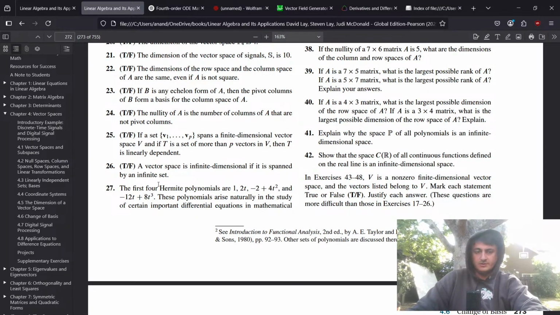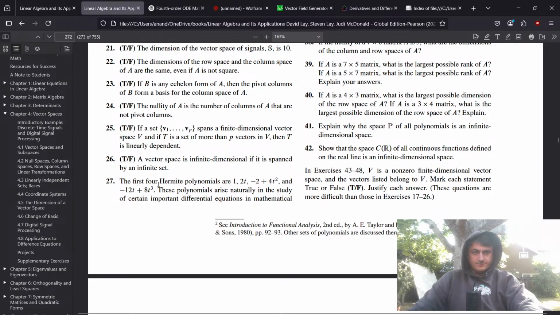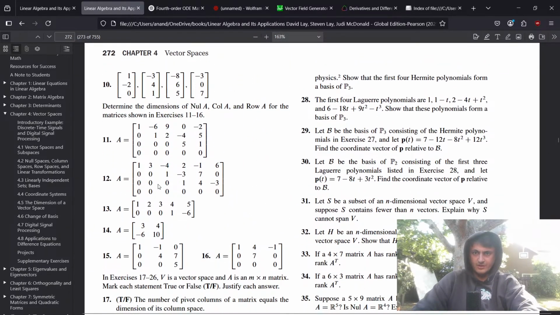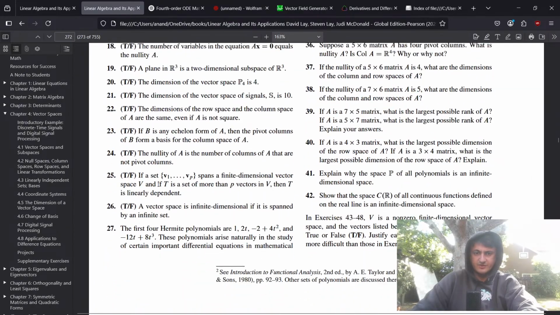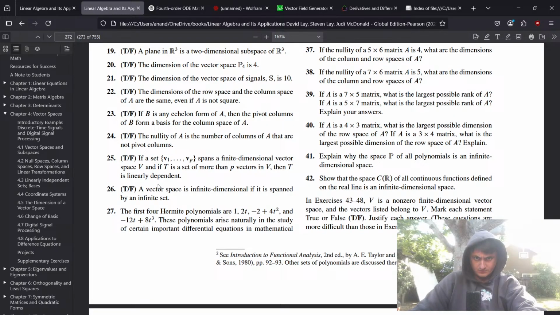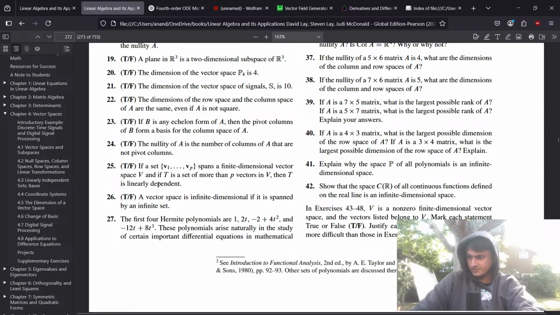27. Show that the first four Hermite polynomials form a basis of P3. Okay, so we're going to get 1, 0, 0, 0. Then we're going to get 0, 2, 0, 0.